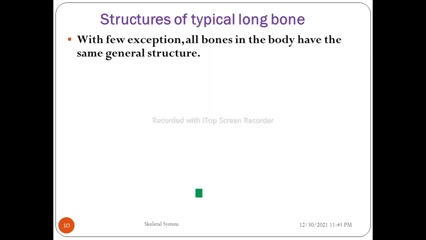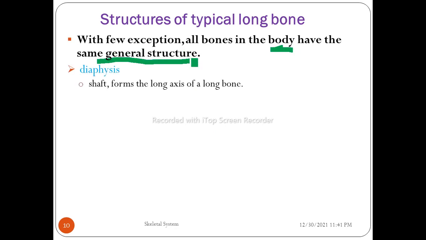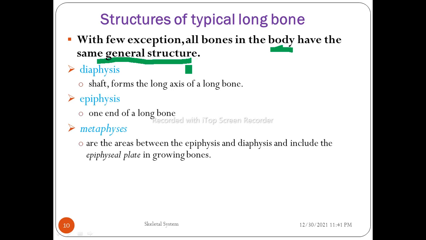Next, the structure of a typical long bone. With few exceptions, all bones in the body have the same general structure. Almost all bones in the body have a diaphysis, epiphysis, and metaphysis structure.